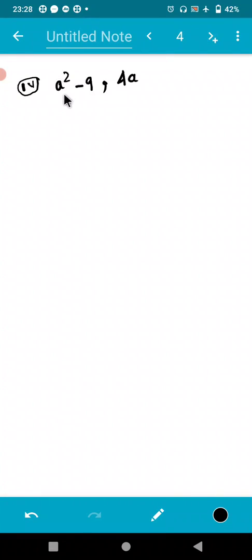Okay, now again we can observe that the binomial term is written at first. So this is a binomial term, this is a binomial term, and this is a monomial term given.